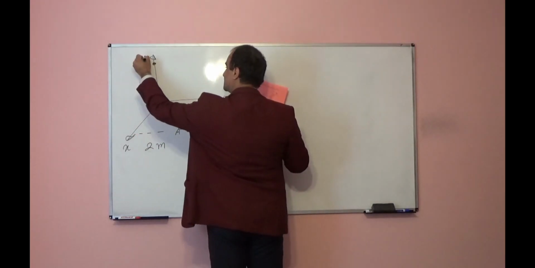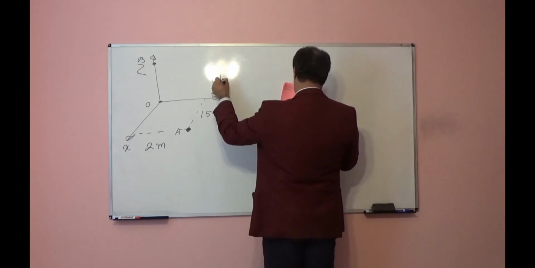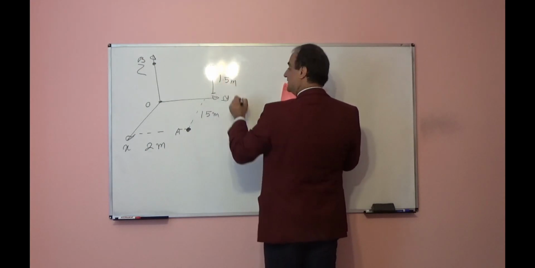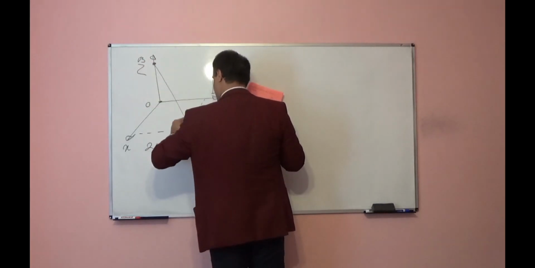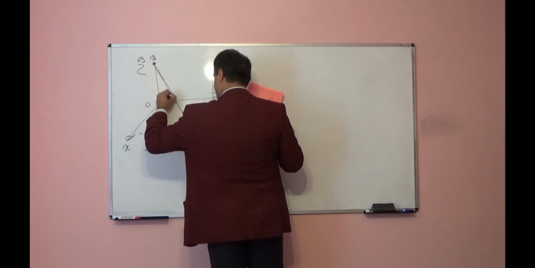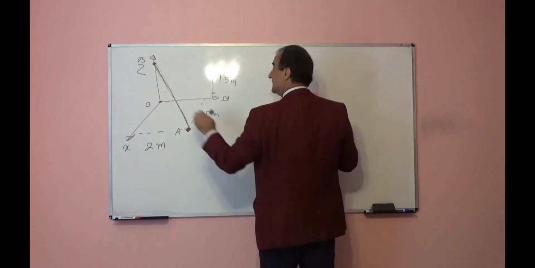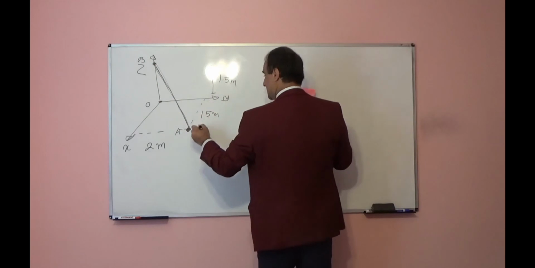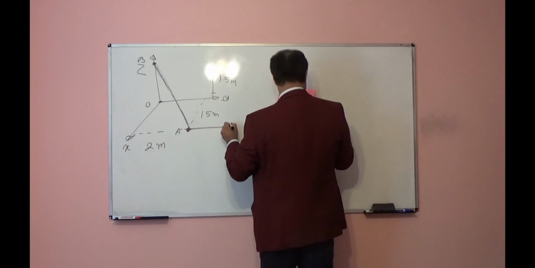Point B is here, and the coordinate for point B in the Z direction is again 1.5 meters. So this will be our rope, AB. We have another rope here in this direction, I call it AC.